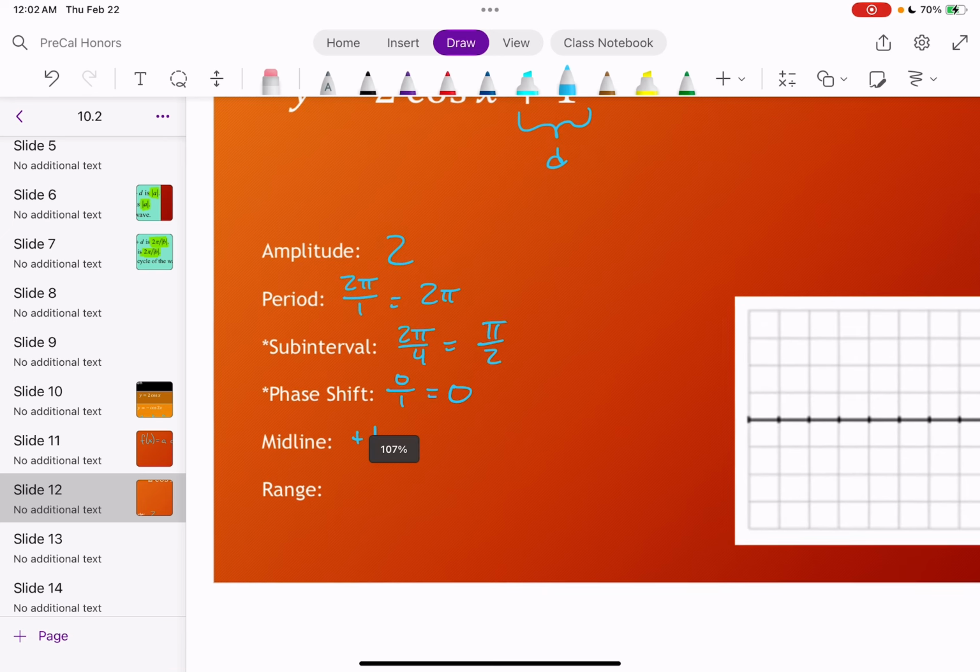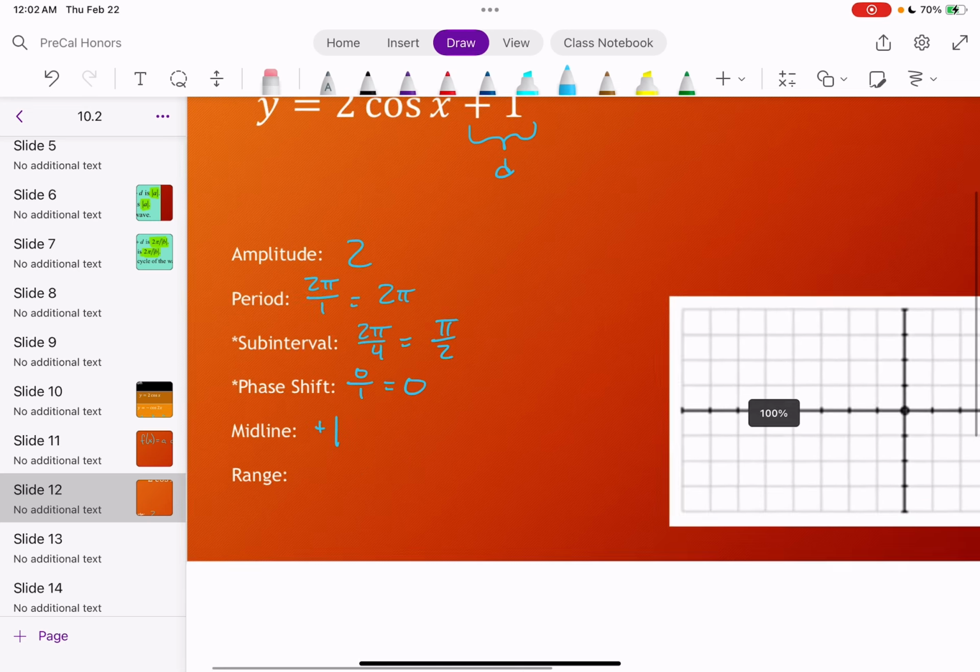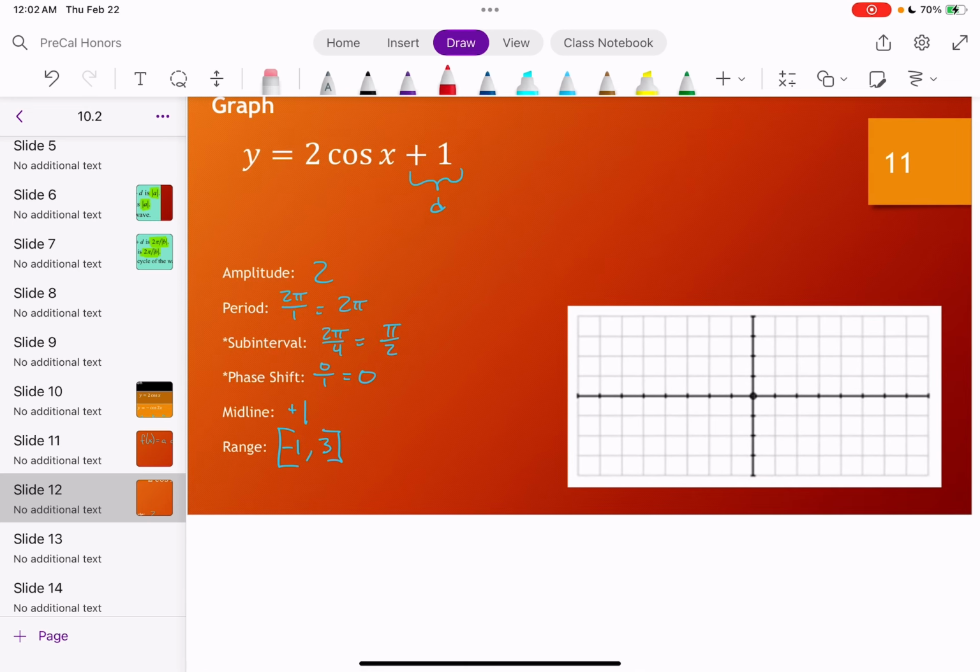The range, remember, we grab our midline, we first subtract 2, which would leave us with negative 1, and 3 as our maximum. We're going to draw our dotted line at our midline, which is a positive 1. We're also going to label our maximum of 3 and minimum of negative 1.